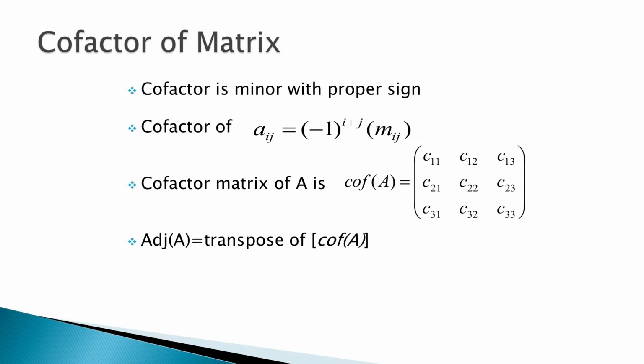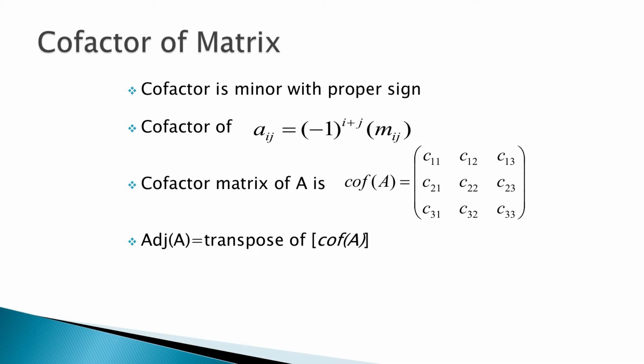Next, we have the cofactor matrix, denoted by cofactor of matrix A, that is equal to C11, C12, C13, C21, C22, C23, C31, C32, C33, where C11, C22 are the elements of the cofactor matrix.